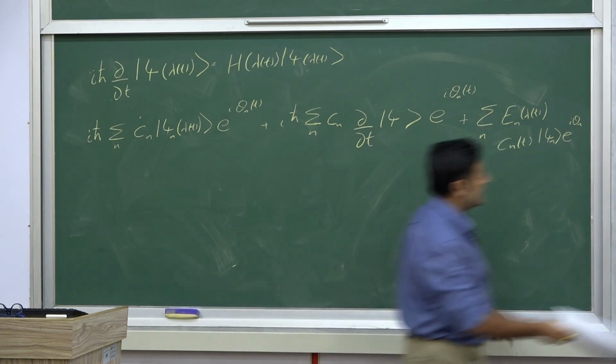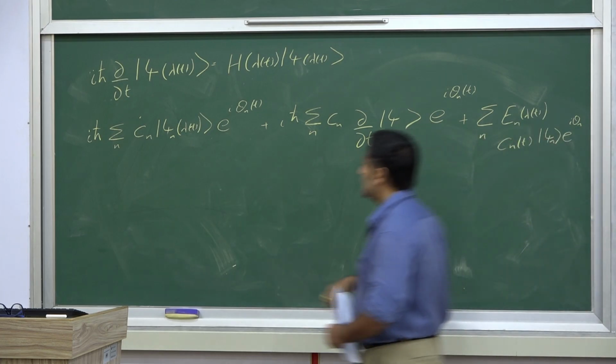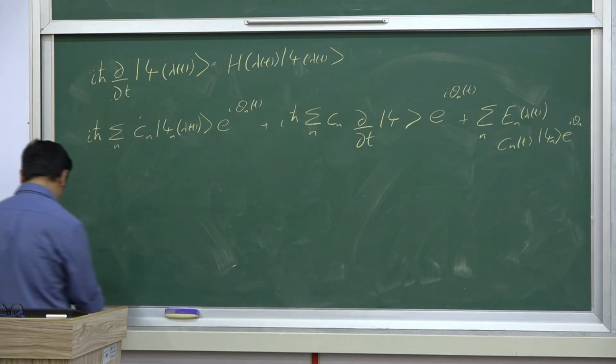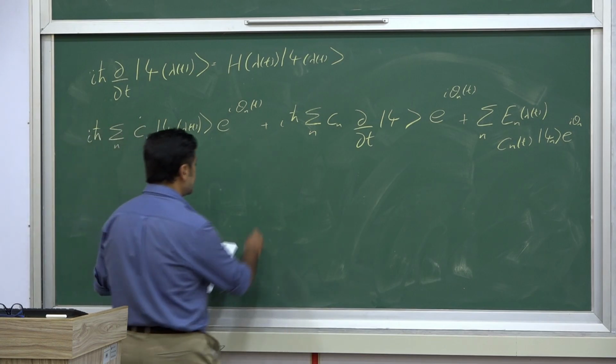Because of this ansatz, when I take the derivative of this integral it gives me these exponentials, and that's helpful to cancel things on the other side.